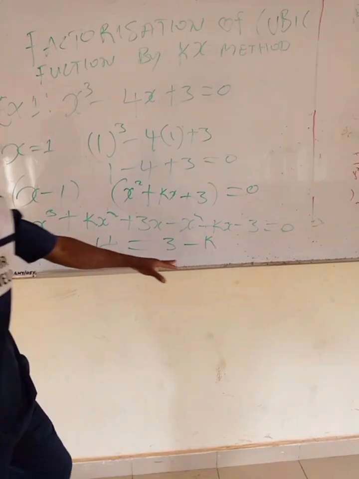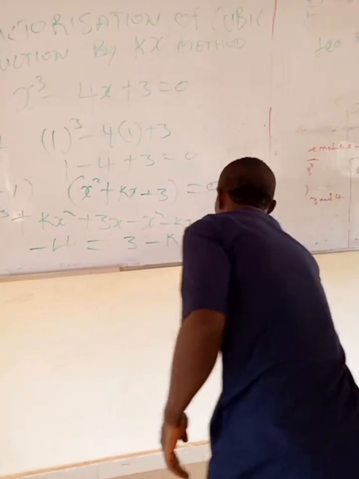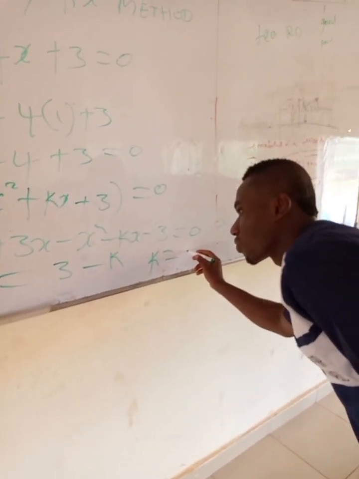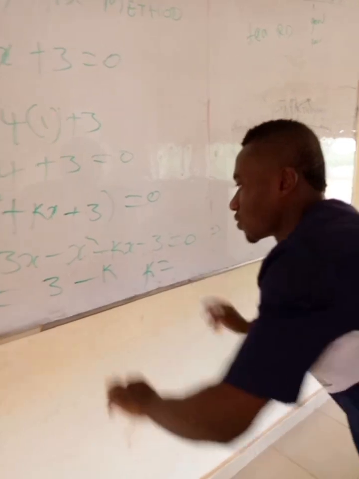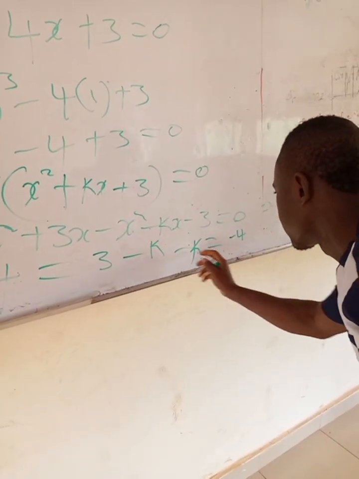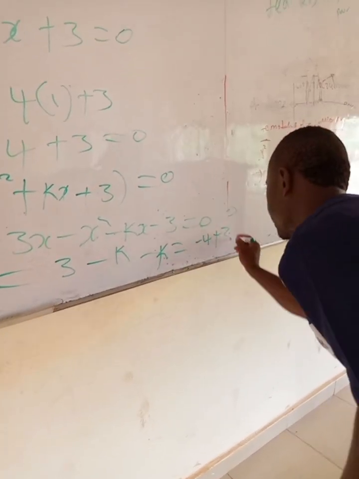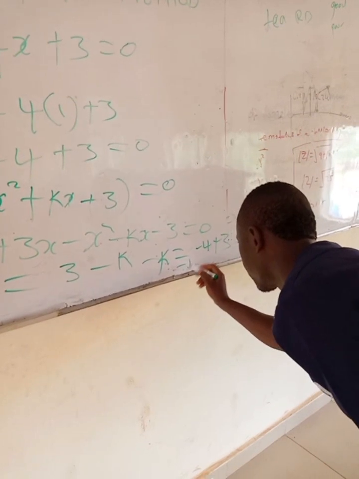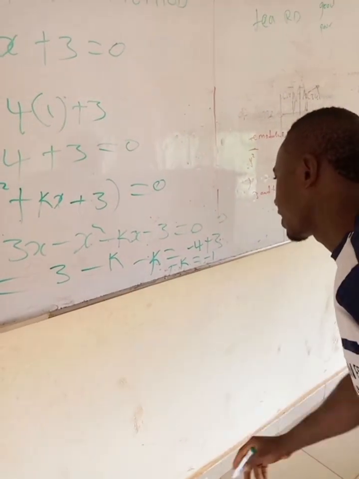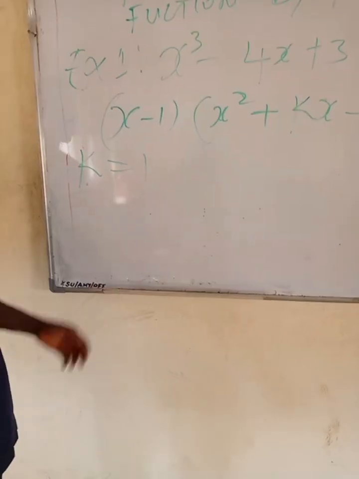Making k the subject of the formula, minus k will be equal to minus 4 plus 3, which is minus k equals minus 1. Minus eliminates minus. Our k will be equal to 1.